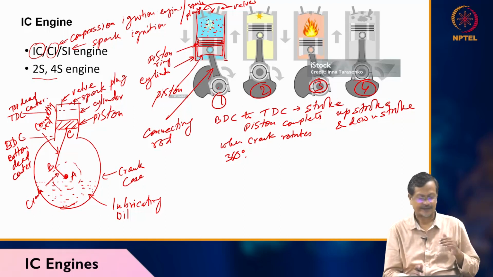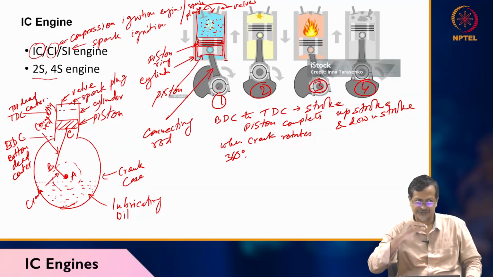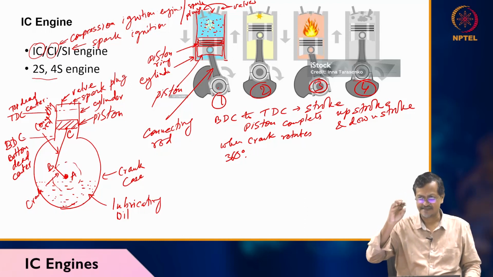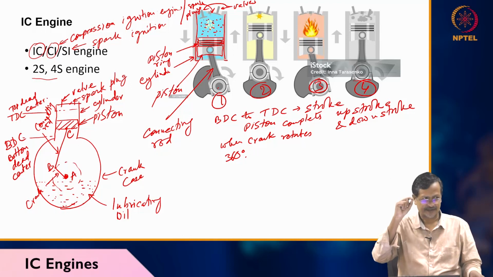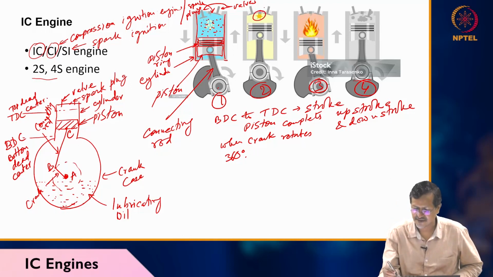Close all the valves. Now start pushing the piston up. When the piston is moving up, compression happens. When compression happens, air temperature increases. When the air temperature increases, you give a small spark. You see in the second picture, a small spark is happening.